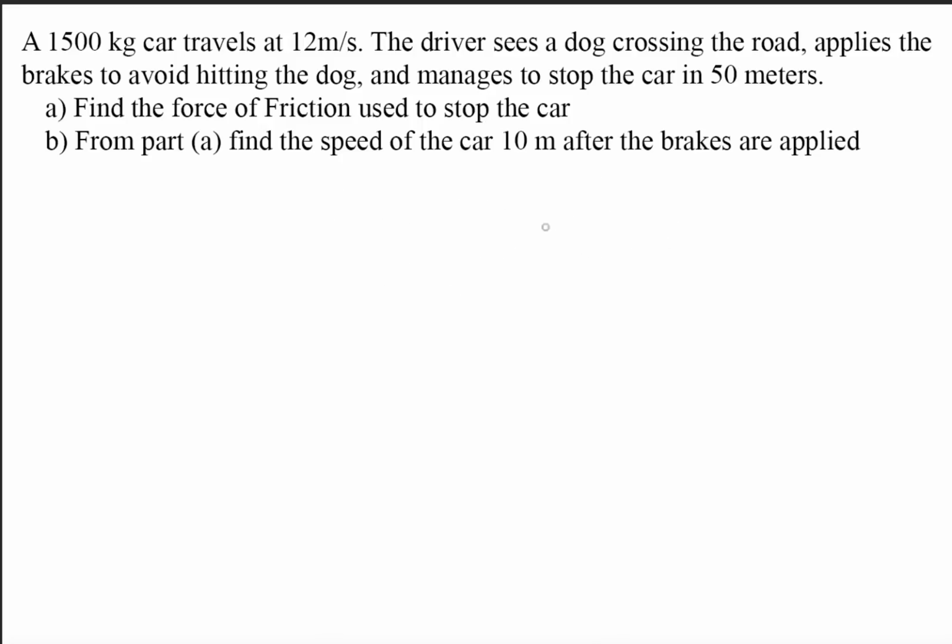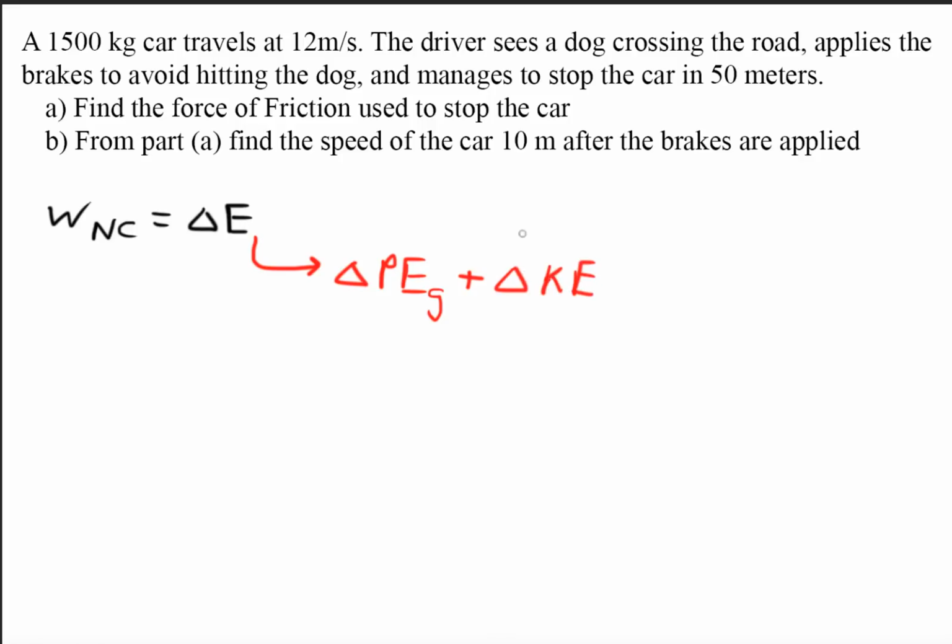Now, what I start thinking of immediately is the work-energy theorem, because the work done by non-conservative forces is delta KE. And again, if you remember, delta E is the change of gravitational potential energy plus the change in kinetic energy, and this is for this system.